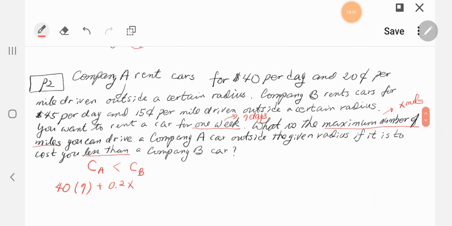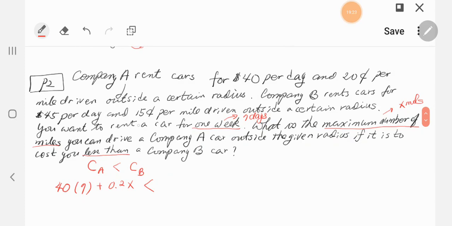We don't know, so let's say X miles. This is the total cost when you rent a car from company A. We want to find out X. And that is less than the total charge when you rent a car from company B.